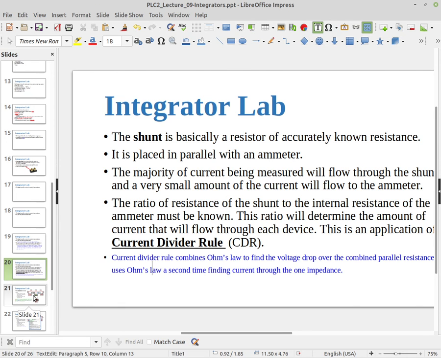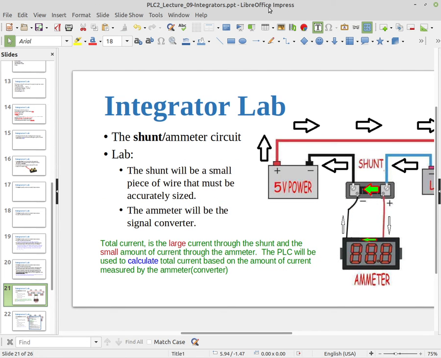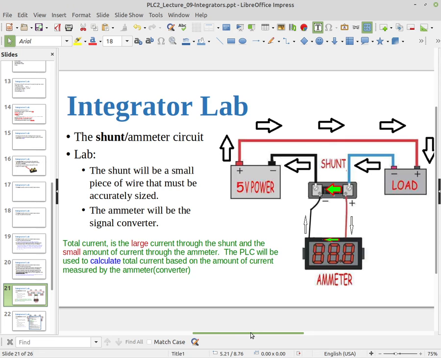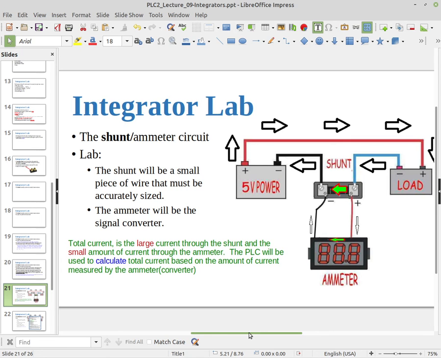So here is how we use the shunt. You see the drawing here, I have a very large power source with a lot of current flowing through it. I want to measure the current, but there's so much current flowing that it all can't flow through the ammeter.